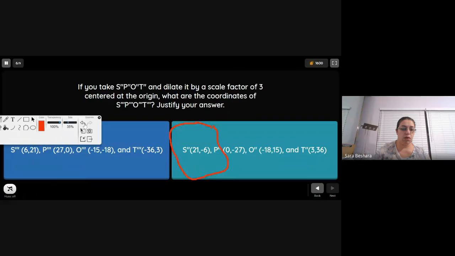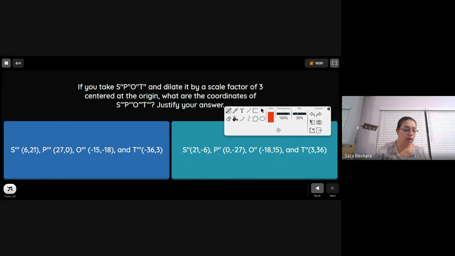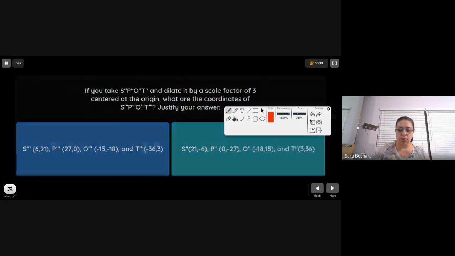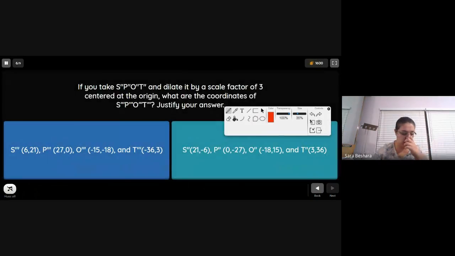I erased them, but it's okay, I have them written down here. S double prime was 2 and 7. If I dilate by 3, I multiply the x by 3 and the y by 3. So 3 times 2 is 6, and 7 times 3 is 21. So S triple prime should be 6 and 21.